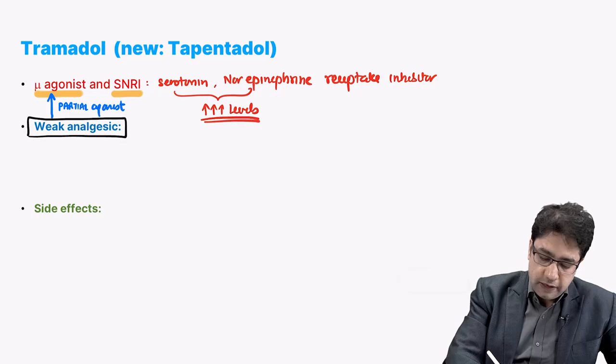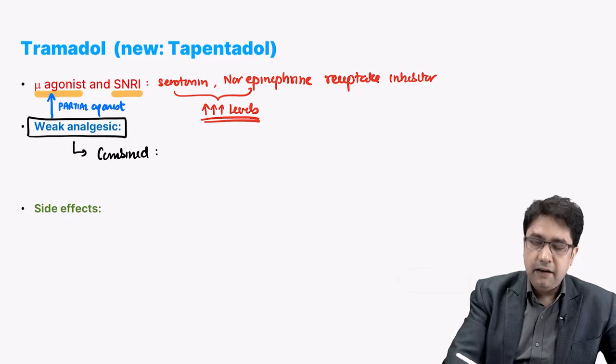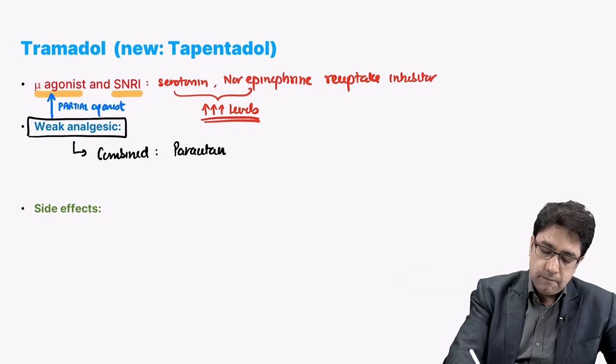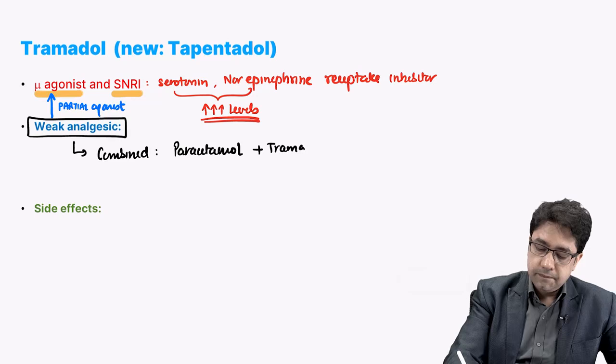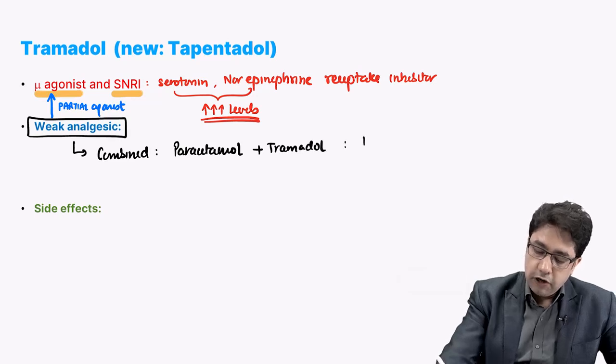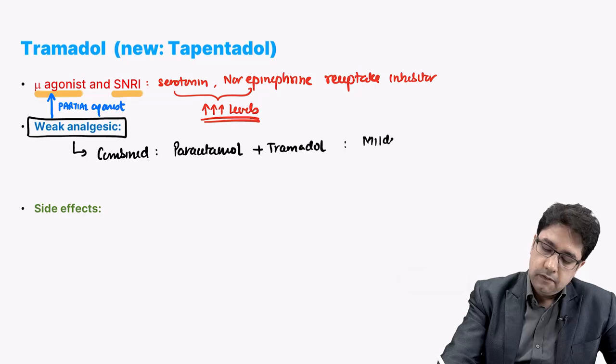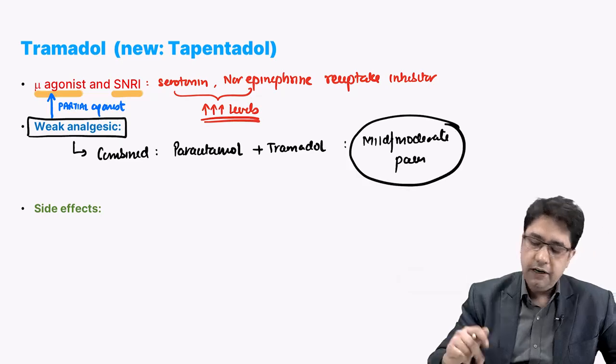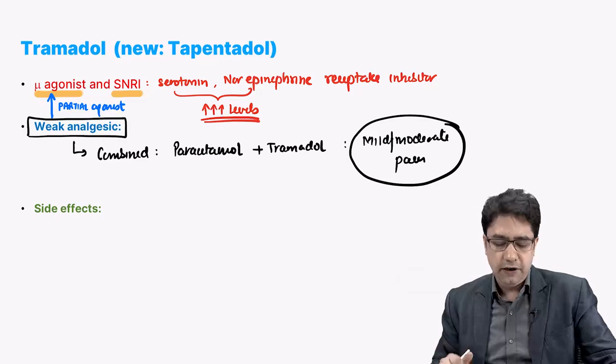Hence, it is usually combined with a non-steroidal anti-inflammatory drug like paracetamol. And it is given for mild to moderate pain. So weak opioid, almost moderate pain.